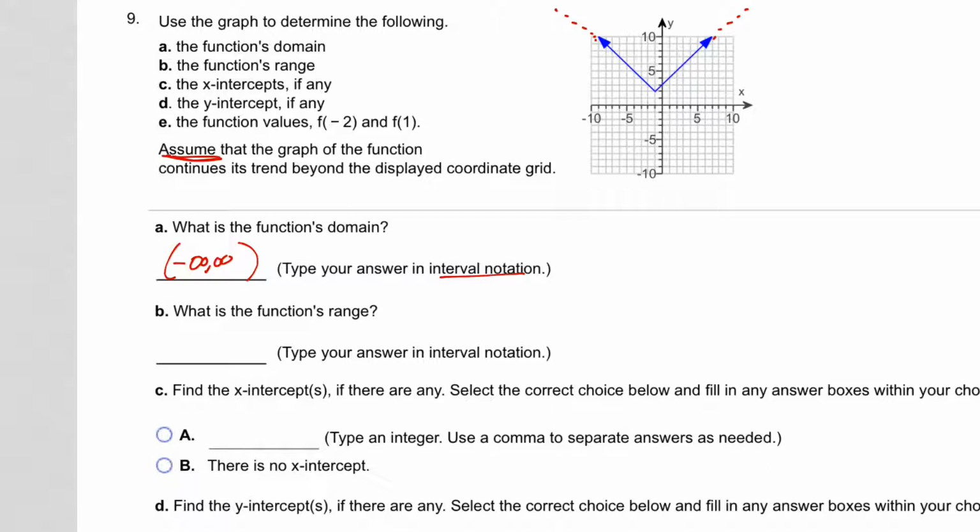Again, there are no limitations going up, but there are limitations going down. So if you look right here, that is a 2 for the y, and that's how low the function goes. Okay, so you always start with the lowest, and it equals 2, and then it goes into infinity.